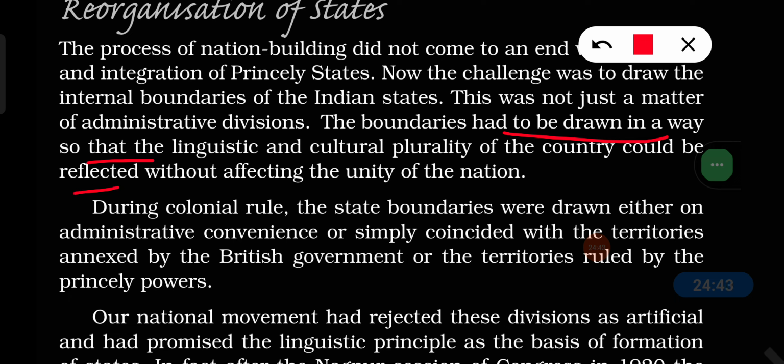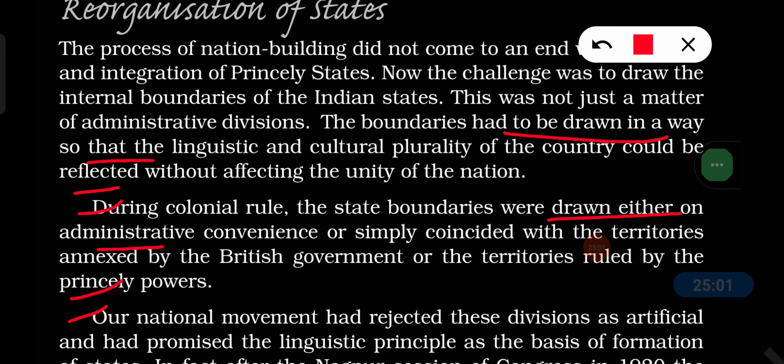During colonial rule, the state boundaries were drawn either by administrative convention or simply by the territories annexed by the British government and the territories ruled by princely powers.